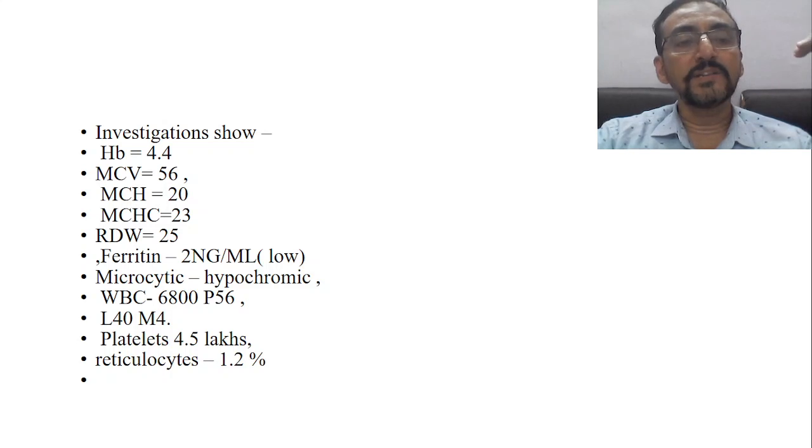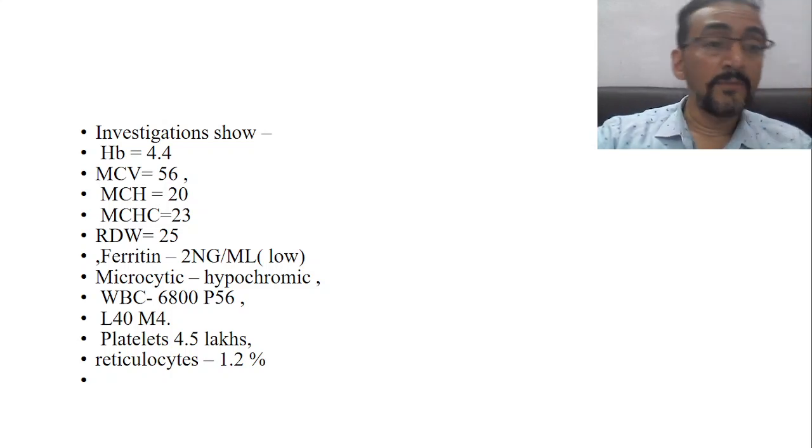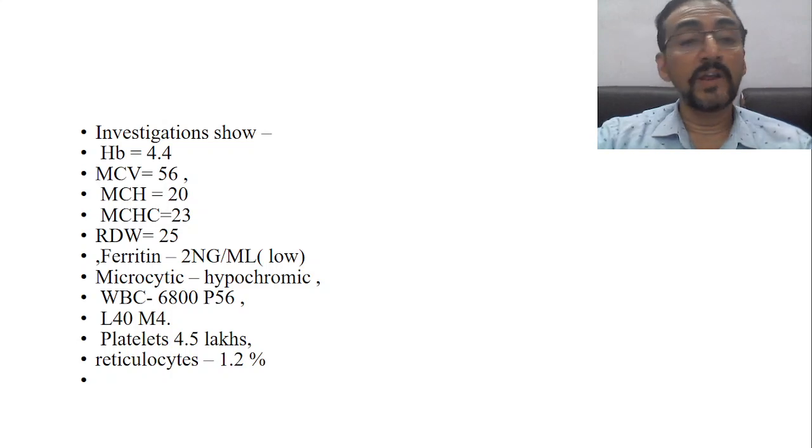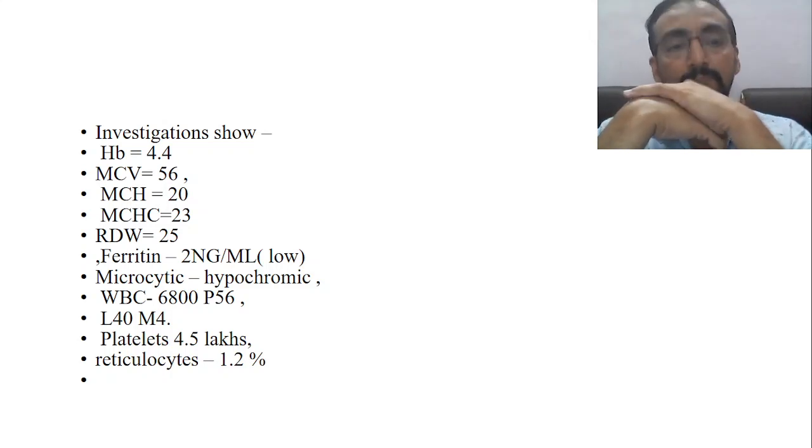The peripheral picture shows microcytic hypochromic, WBC is 6800, polymorphs 56, lymphocytes 40, monocytes 4, platelets 4.5 lakhs, reticulocyte 1.2. So now tell me what's your diagnosis.